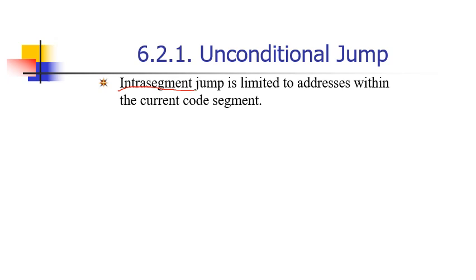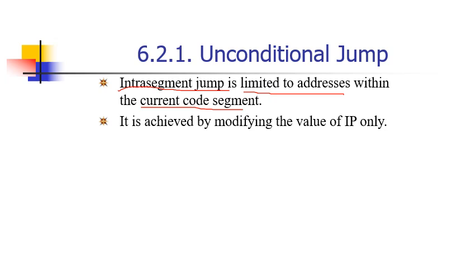Regarding the intra-segment jump, you do the jump within the current code memory segment. So the addresses are limited to the currently active code memory segment. You don't go outside. And you do this by modifying the value inside your instruction pointer.